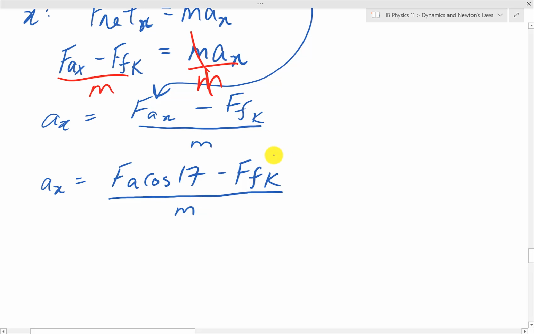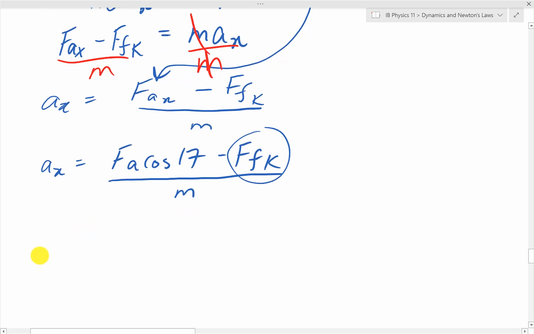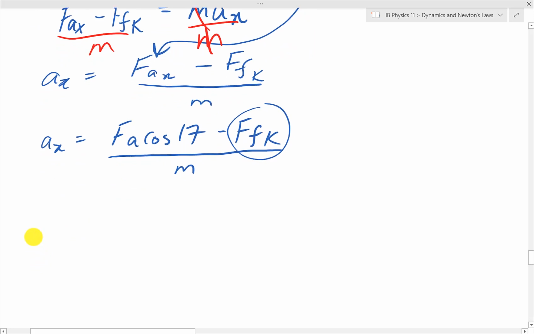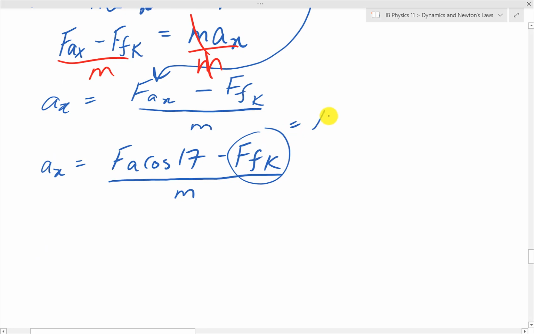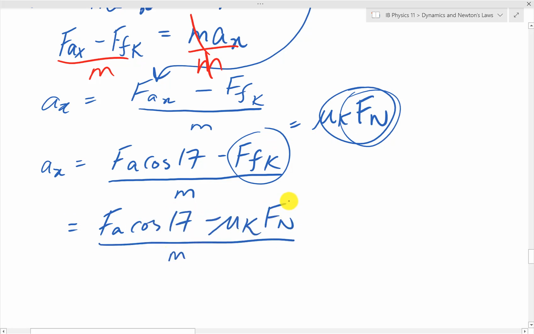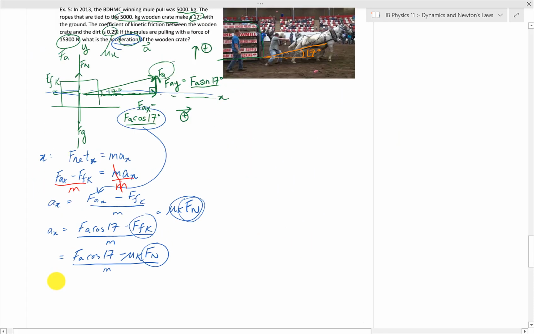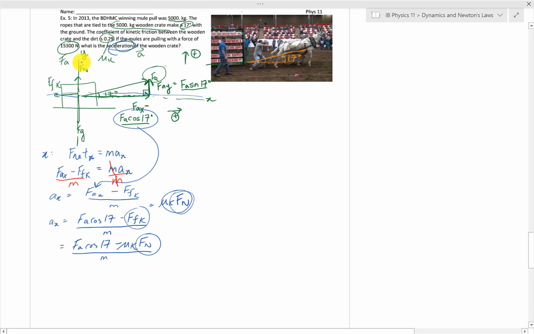We now need FFk, the force of kinetic friction, to move on. We do know that the force of kinetic friction is equal to mu k Fn, okay? In which we need to know Fn first. Let's put this mu Fn in here first, which tells us we need to know Fn before we can move on. And to find Fn, we need to examine the vertical forces.